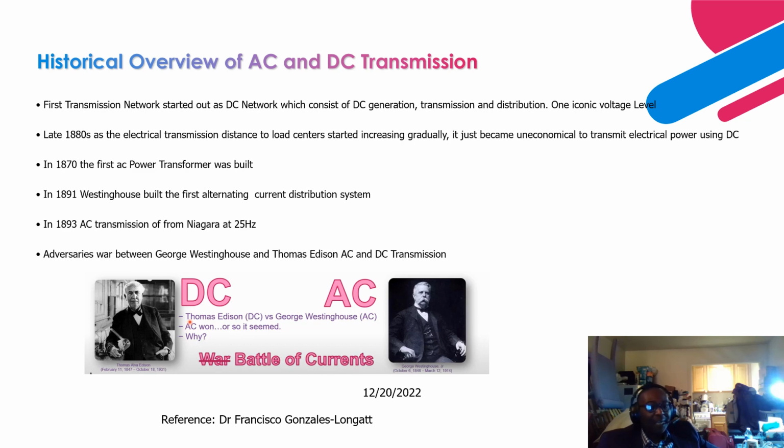So in the adversarial war between George Westinghouse and Thomas Edison, Westinghouse started winning. But later on, it was DC transmission that started gaining momentum over AC, and that is when Thomas Edison also started gaining momentum and popularity over Westinghouse.